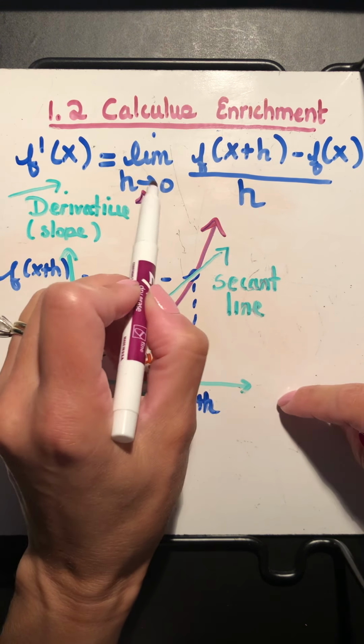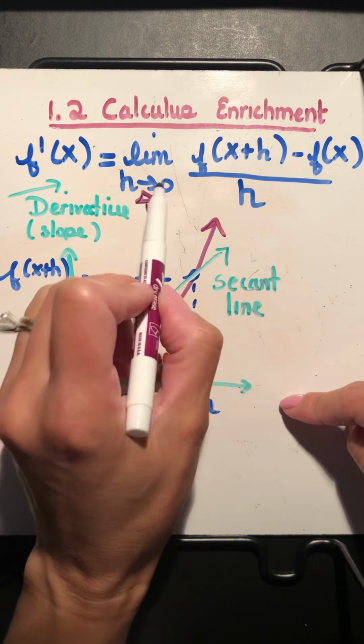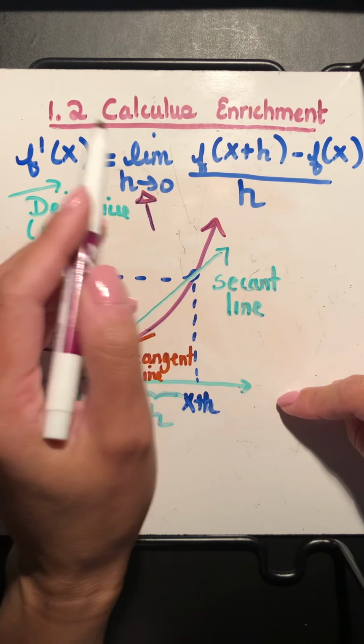So close, in fact, that I still technically have 2 distinct points to calculate slope, but they're so close together that it's a really accurate calculation.